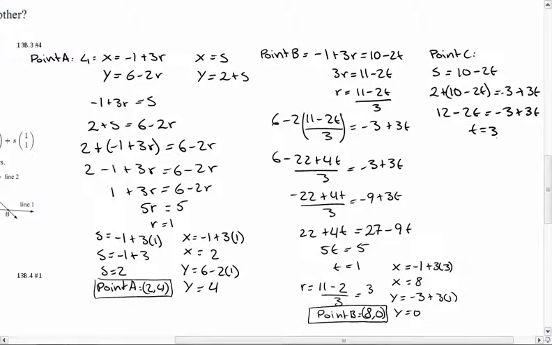When you plug it back in, you get s equals 4, so your x is 4. And for y it's negative 3 plus 3 times 3, so y equals 6. So the point C is 4, 6.